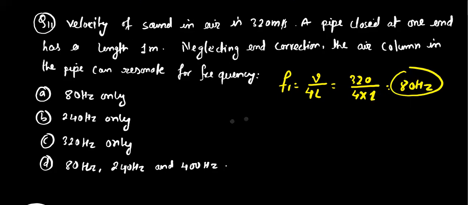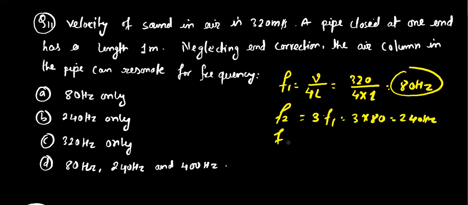Now we have to check the remaining options whether they are correct or not. So what about the frequency of second mode of vibration? As we know, the harmonics of closed pipe are always odd integral multiples of fundamental frequency. That's why it will be thrice of f1, so this is 3 times 80, which is equal to 240 hertz.